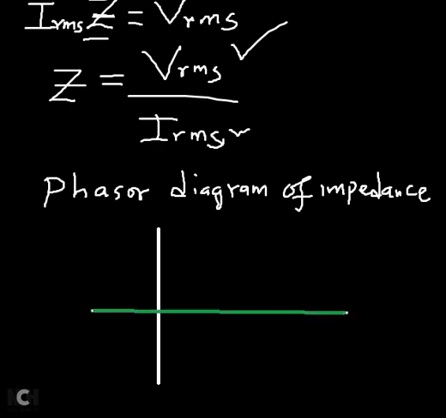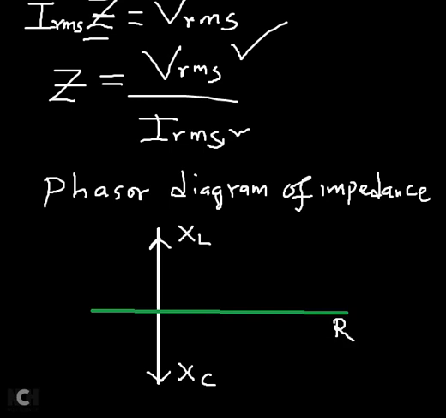So for the impedance Z, you know very well that the positive vertical will be for the inductive reactance, the negative vertical is going to be for the capacitive reactance, while the horizontal still remains the resistor.